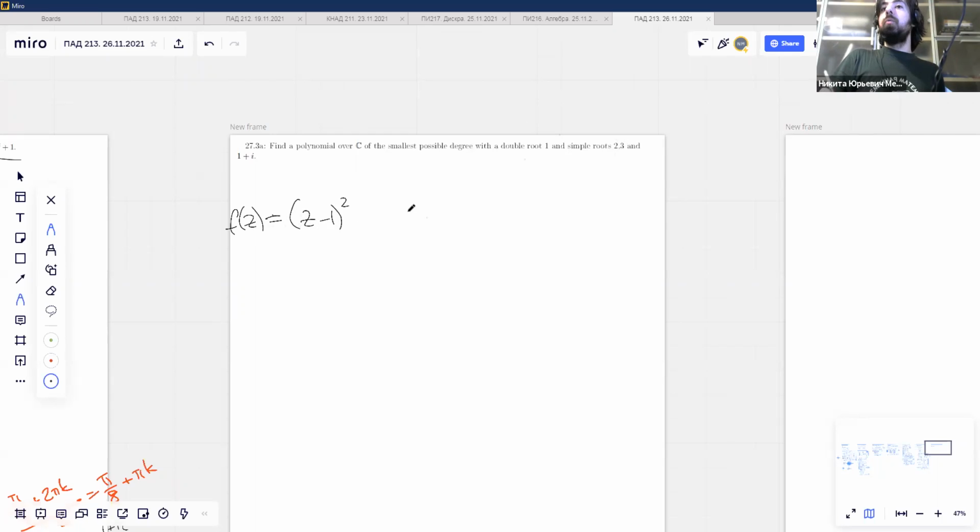Likewise, 2 is a simple root. It means it has z minus 2 inside. 3 is a simple root. It means z minus 3 is inside. 1 plus i is a simple root. It means it has z minus 1 minus i inside.